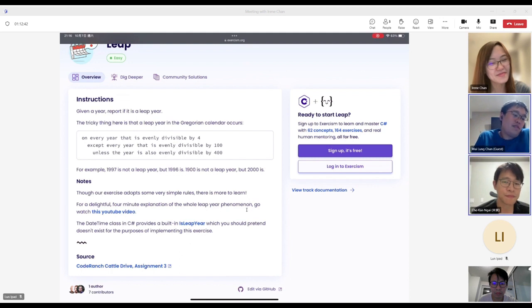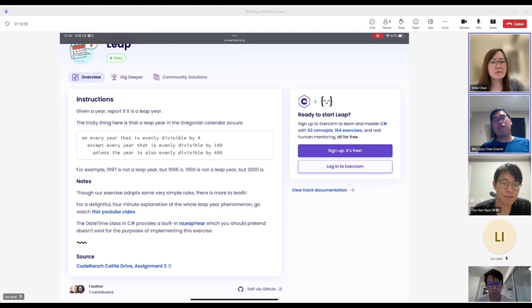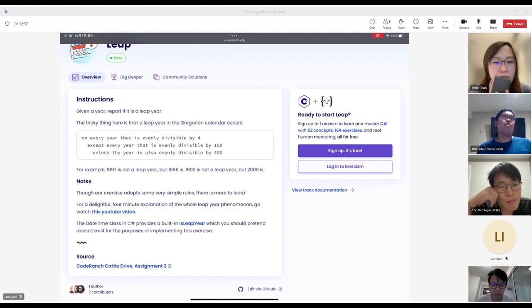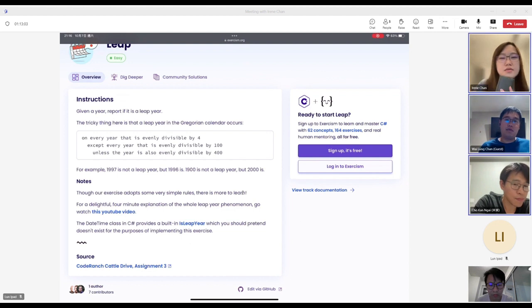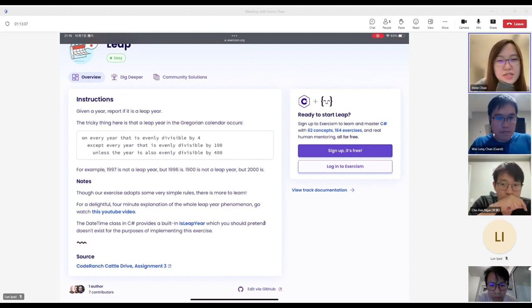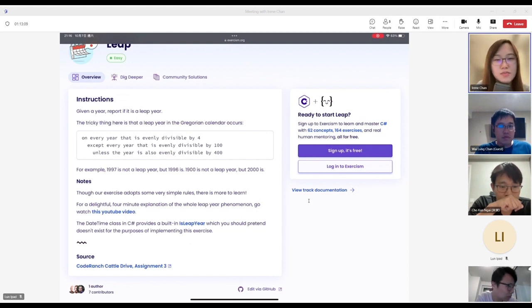It only has a few exception cases: if you are divisible by 4 and divisible by 100, and greater than 400, like 600. Can I ask why the question says 1900 is not a leap year?